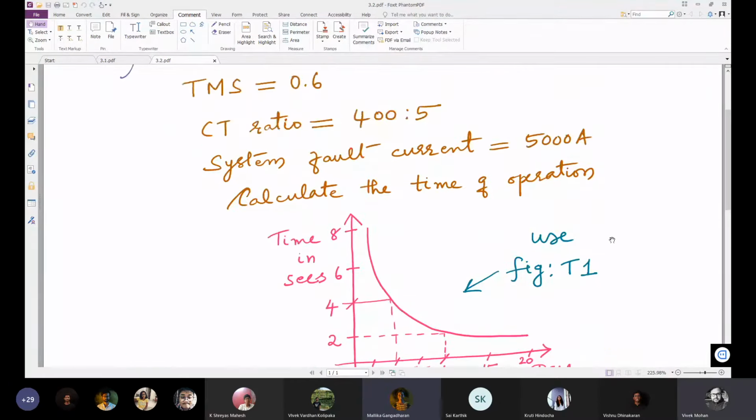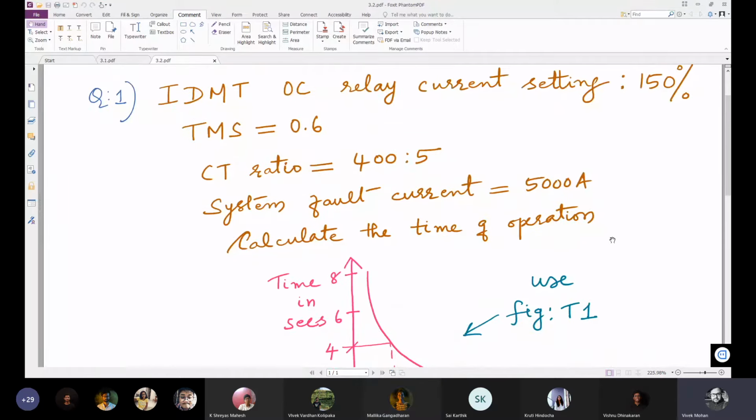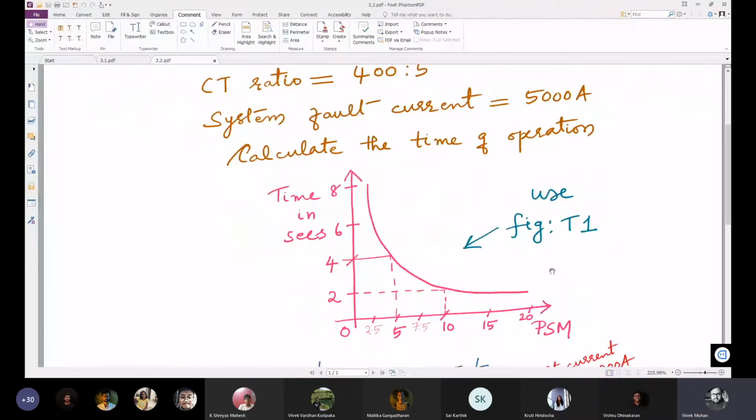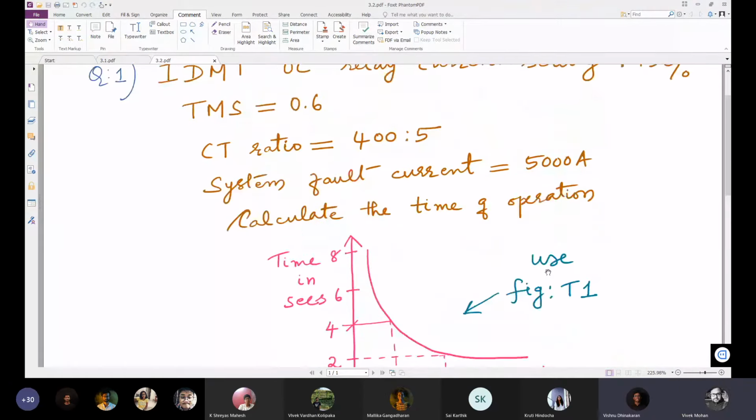Okay, so find this PSM value. 7.5. Can you explain that? The secondary current rated is 5 amperes from the CT ratio. And I'm multiplying it by 1.5 because it's given that it is 150%. So I'm taking that as the PSM.